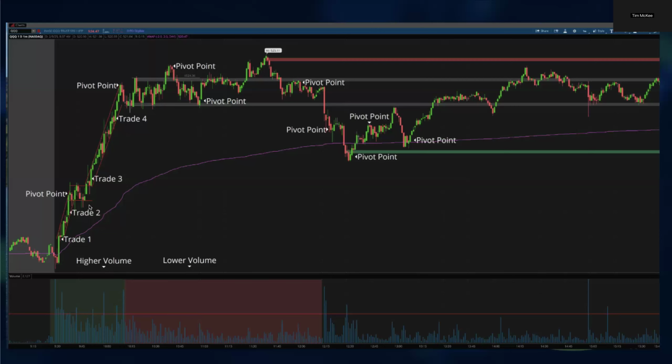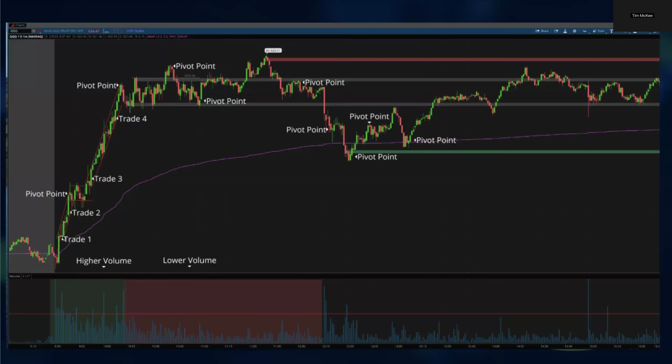I'll show that in just a second, but what we're talking about is this congestion zone where this pivot point is. We had the swing high happen. We hit a pivot point, which signals to us either the end of this upward trend or the beginning of a reversal or sideways movement.